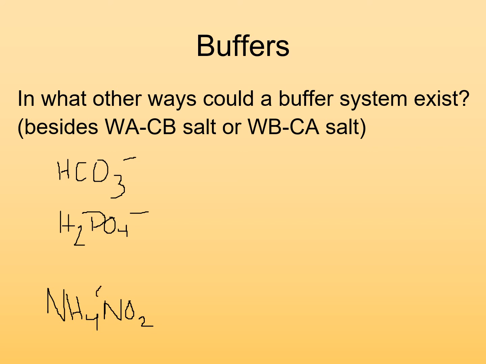So what happens is, if you split this down the middle, the ammonium ion is able to react with hydroxide, and ammonium hydroxide would be a weak base. The nitrite ion is able to react with the acid and produce nitrous acid, which is yet again a weak acid. So both ions are able to produce some form of acid or some form of base.